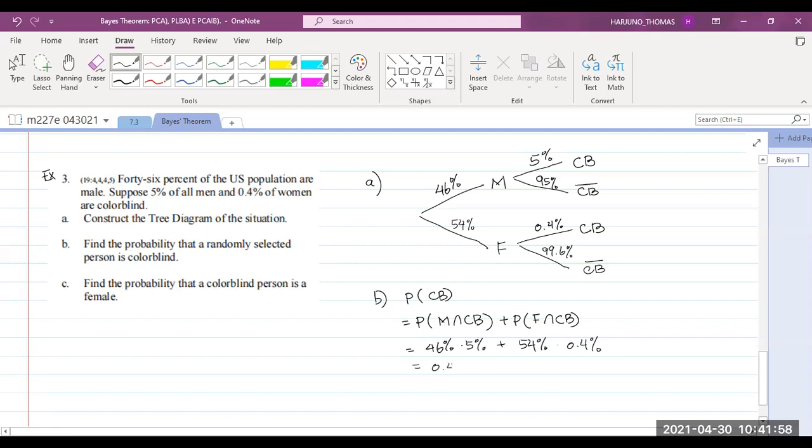That's 0.46 times 0.05 plus 0.54 times 0.004.